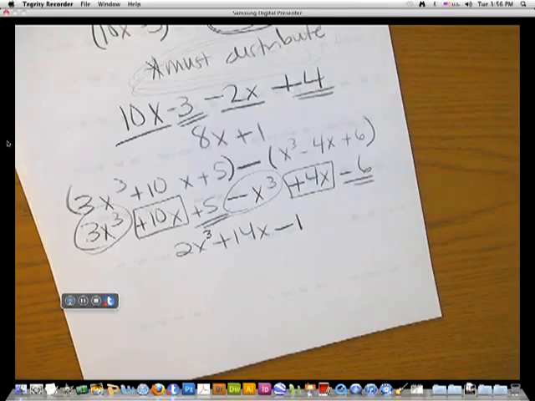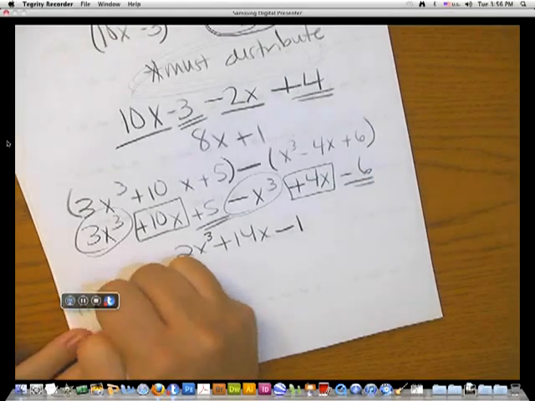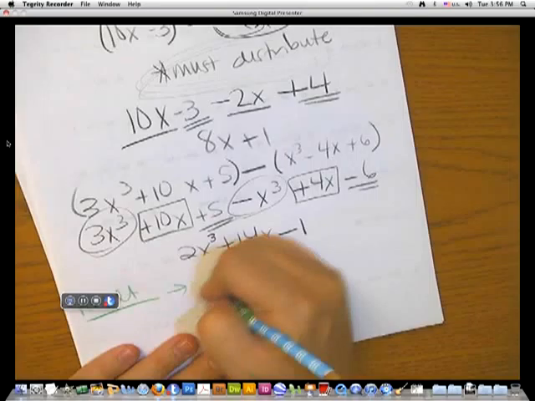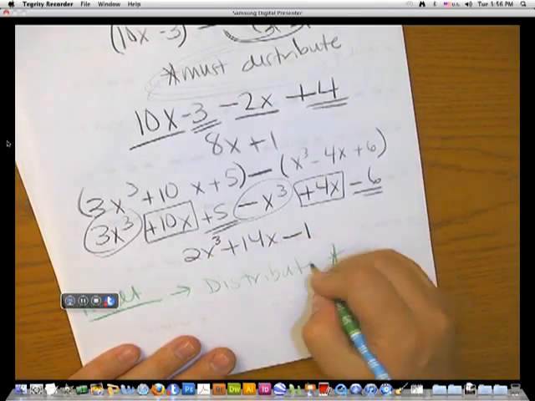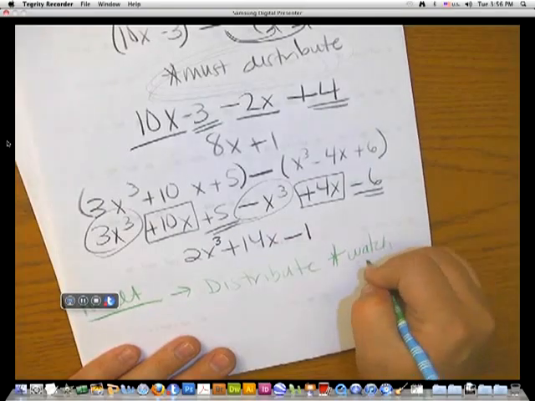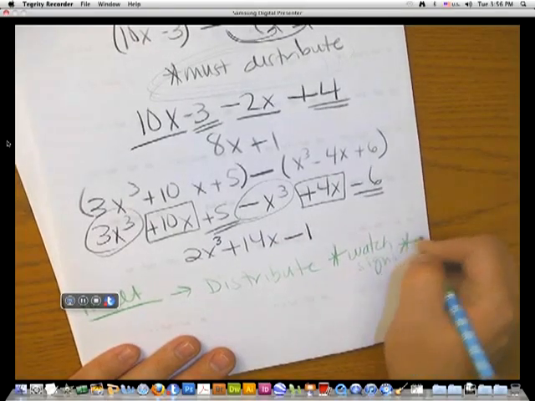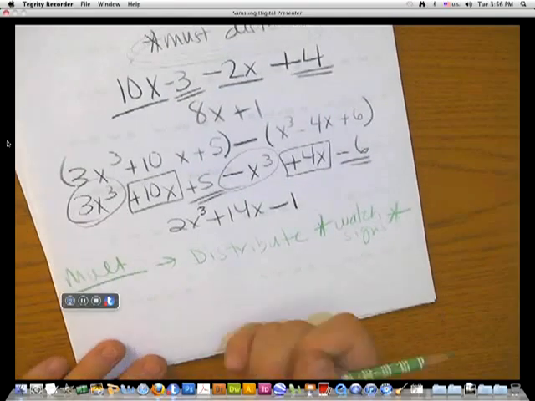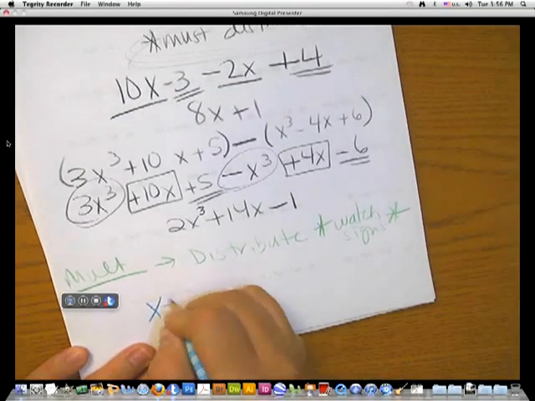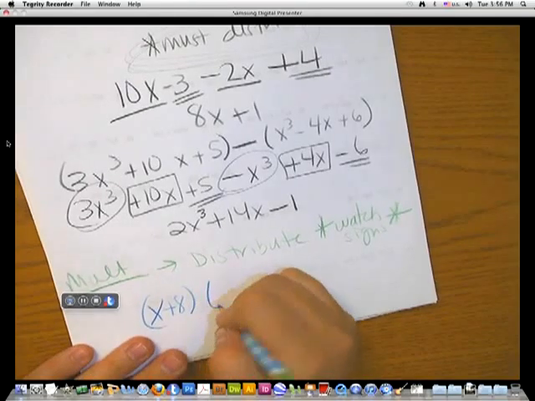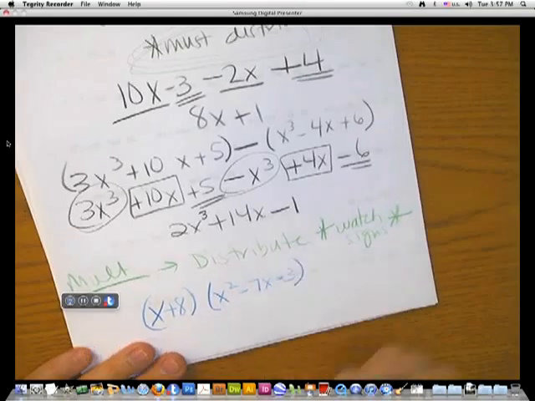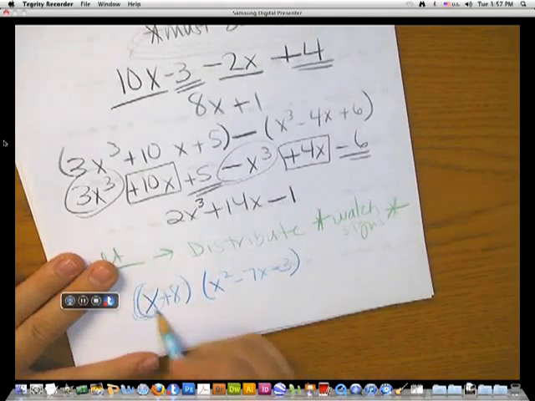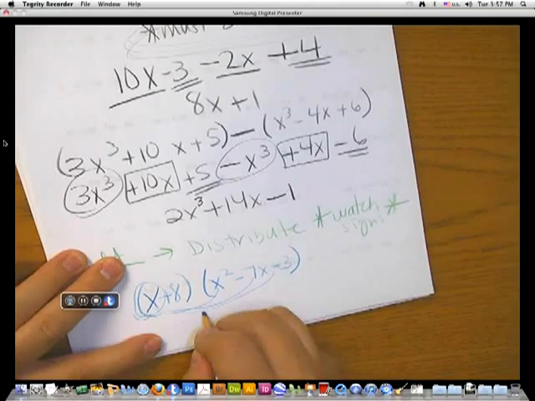When we are multiplying, we must make sure we distribute. Again, watch your signs. So if I have x plus 8 and I'm going to multiply it by x squared minus 7x minus 3, I distribute the x to each piece.